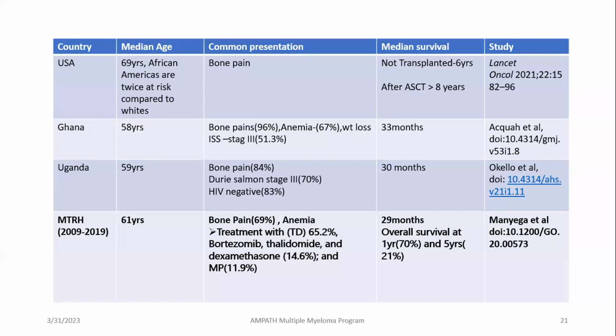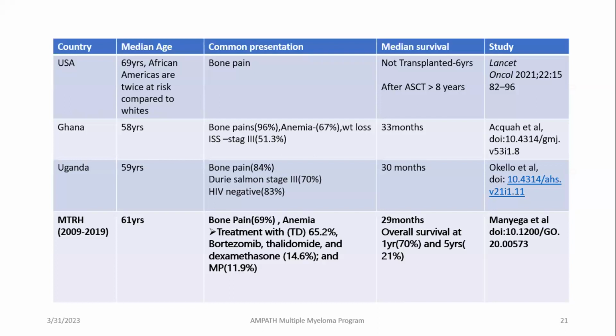Then Ghana, 58 years, Uganda, 59 years. And this is from a review of a 10-year experience of patients who've gone through the multiple myeloma program, and the median age was 61 years. So you can see the US is 69, ours is younger by almost 10 years, and therefore we cannot overemphasize this.